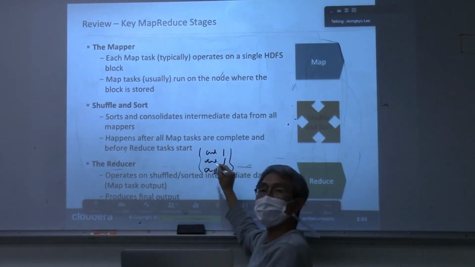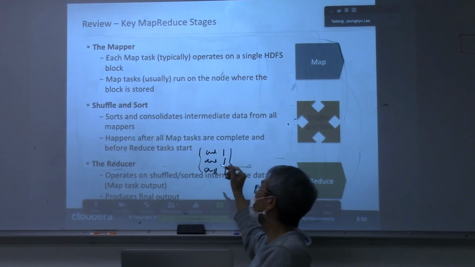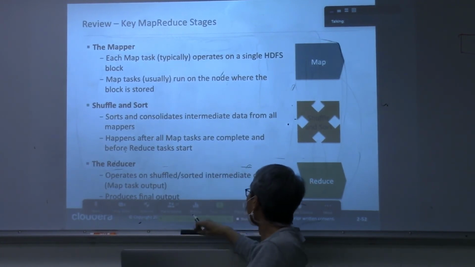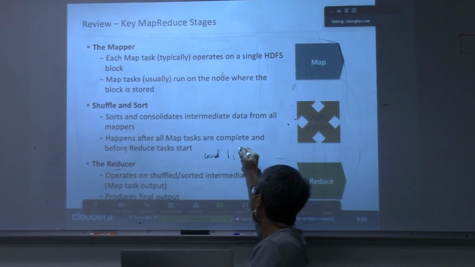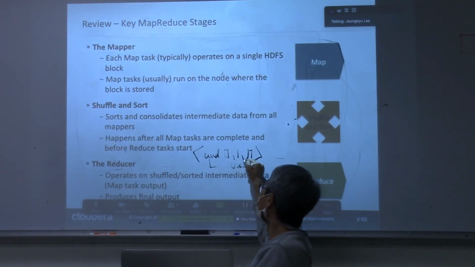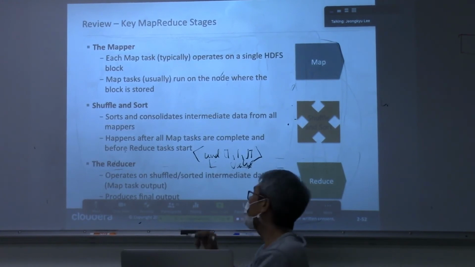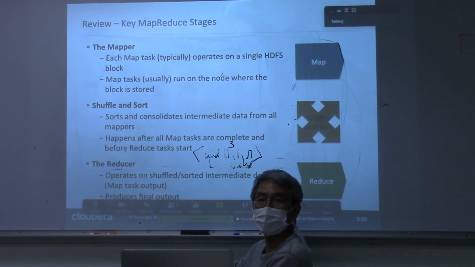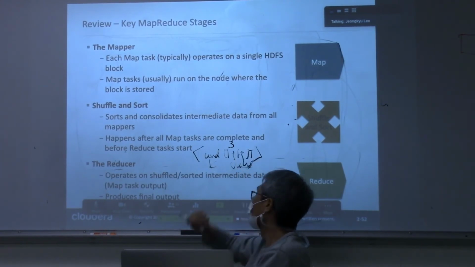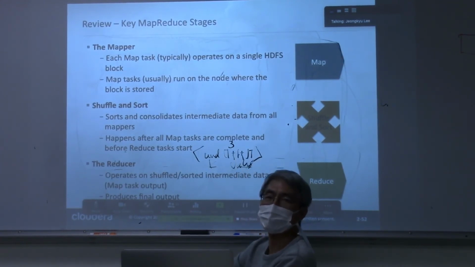Instead of sending all three key-values, why not send "and" with 1, 1, 1, key-value like this? Then we can save the network traffic overhead. At this time, somebody may argue, can I add like this, 3? Yes, it's doable. The problem is you need to do the computation, 1 plus 1 plus 1.